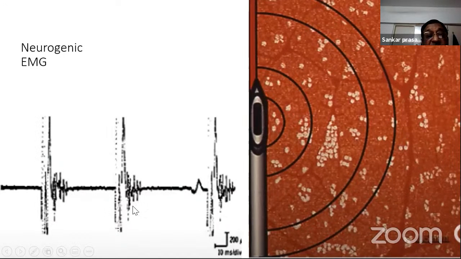That's how you get the polyphasia, and this is called a neurogenic EMG. So whenever denervation takes place, the adjacent axons start supplying the muscle fibers, and they all come together. In the earlier diagram we have seen that all these fibers are scattered. Now they are getting grouped, and that's what causes the polyphasia.